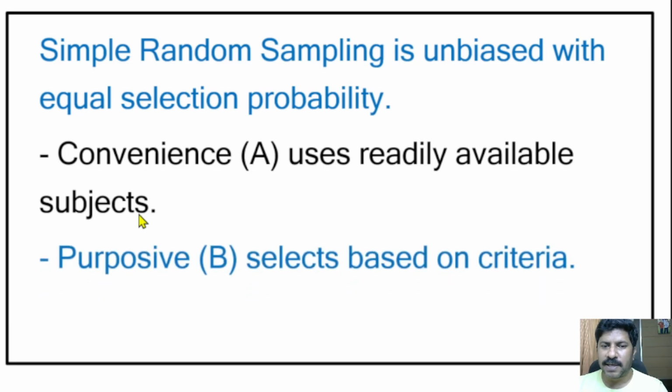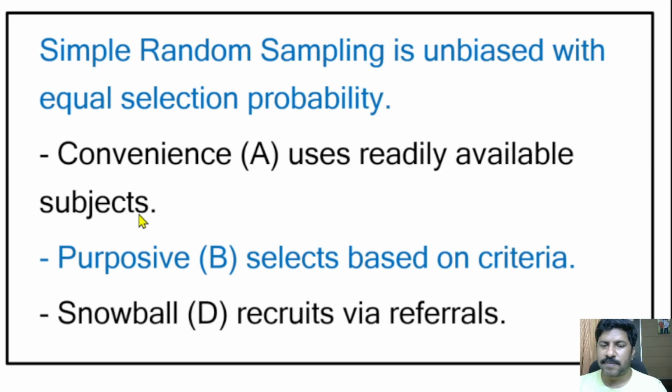Purposive sampling is based on criteria; the researcher selects samples based on certain criteria. Snowball sampling means the researcher first selects one sample, and that person will inform another person and recruit them into the research. By referring one by one, the sample size will become large.